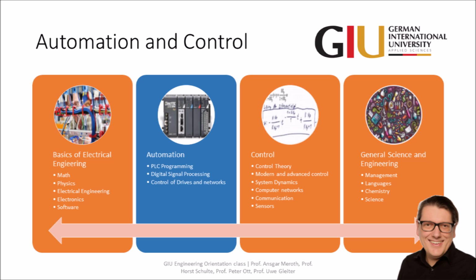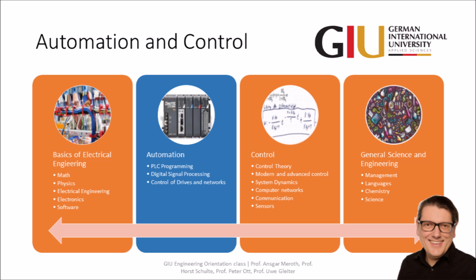Digital signal processing is about how you can manage a continuous flow of analog signals into a digital computer. So you have to transfer the analog signal into a digital one. So you have some interesting things about sampling in time and discretization of a continuous value into a digital binary pattern.